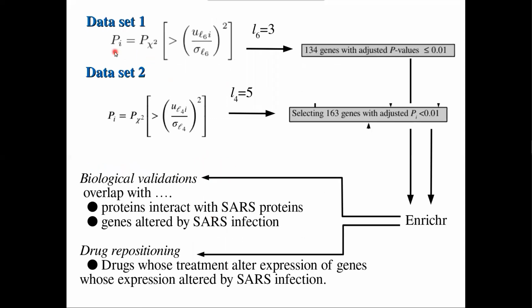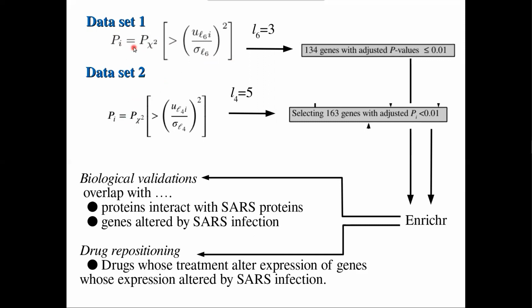P-values are attributed to the genes, assuming the third vector attributed to genes in dataset 1 and the fifth vector attributed to genes in dataset 2 obey a Gaussian distribution, and using the cumulative chi-square distribution, we attribute the p-values to gene i.